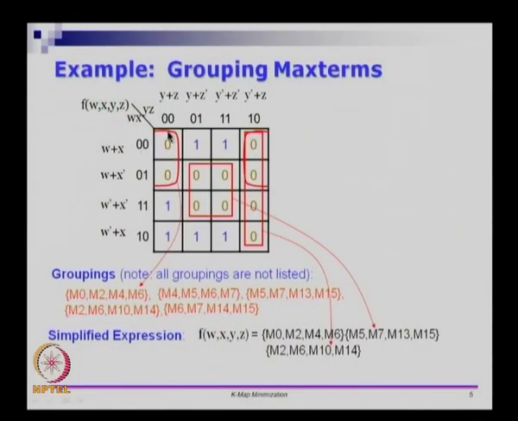These 2 rows have w in common, so the sum term should have w. If you look at these 2 columns here, which have z in common, it is y plus z and y bar plus z. So these 4 cells have w plus z, and similarly these 4 cells have x bar in common, and in these 2 columns we have z bar in common. So these 4 cells correspond to x bar plus z bar.